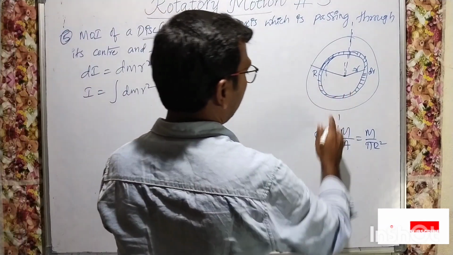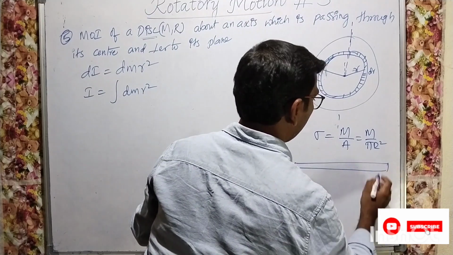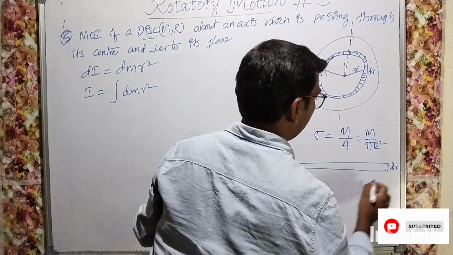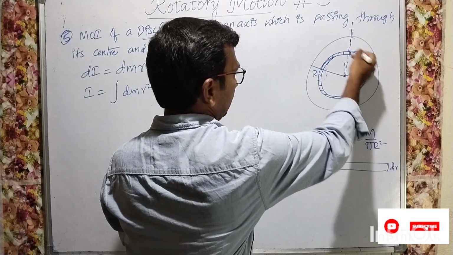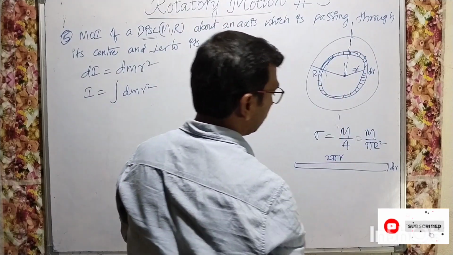Consider this element. This is the elemental area. The thickness is dr, and the circumference of the circle is 2 pi r, so the length is 2 pi r.